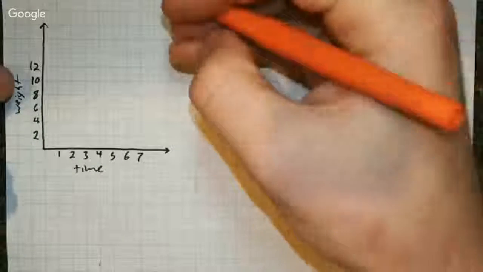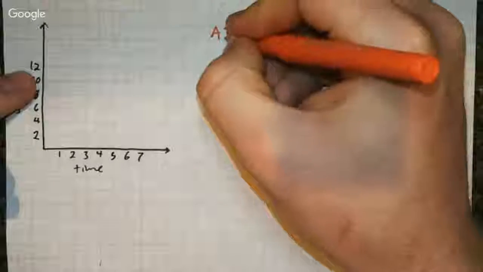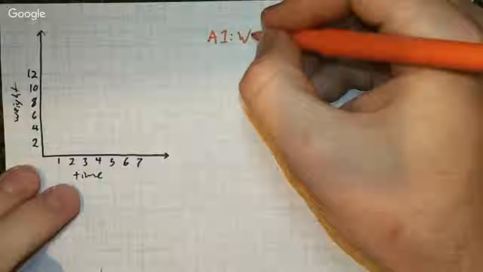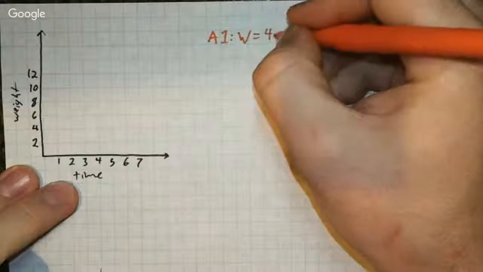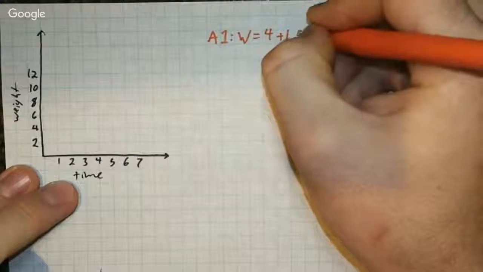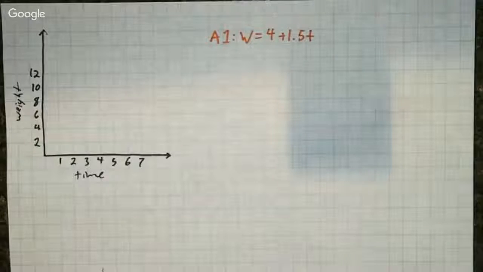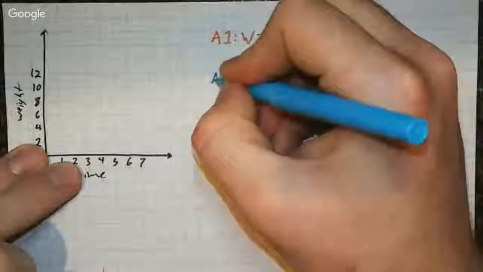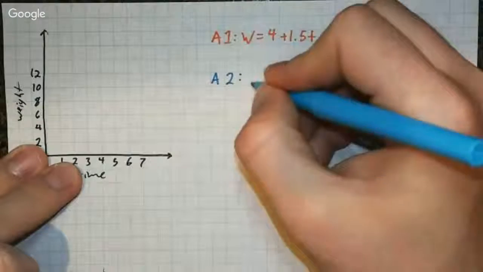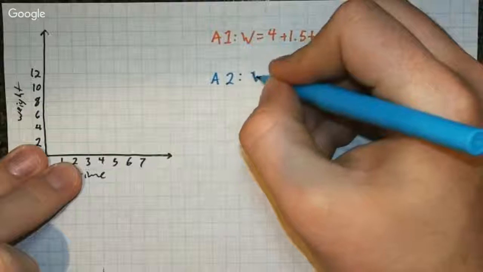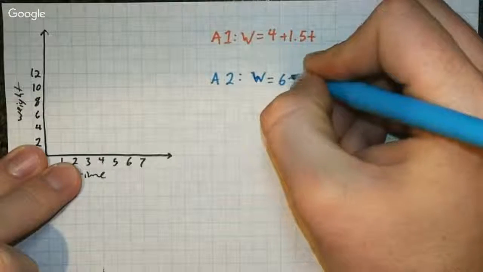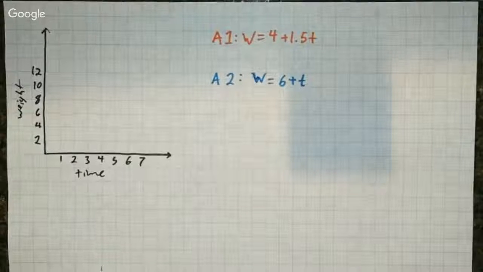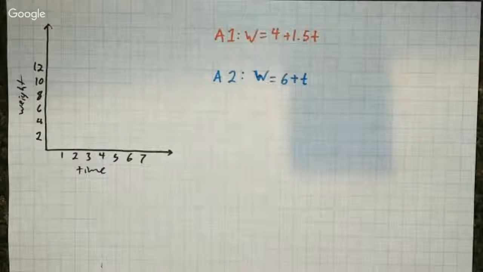Once again, I'll write these out over here so we can see them. We have alligator 1, which is W equals 4 plus 1.5t. And we have alligator 2, which is W equals 6 plus t. Okay, so what is it that we know for both of these?